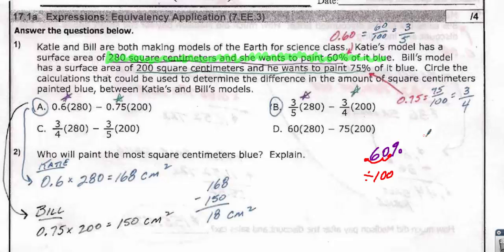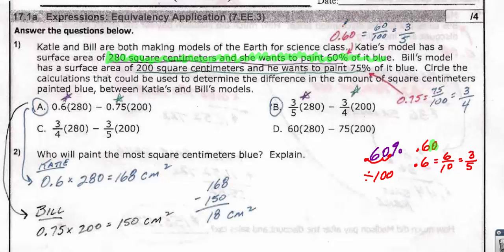We can see that once we do that, we get 0.60, or even simpler, 0.6, because that 0 right there is not a placeholder. Don't need to have it. So we have 0.6, and that is equal to 6/10, and that is equal to 3/5.